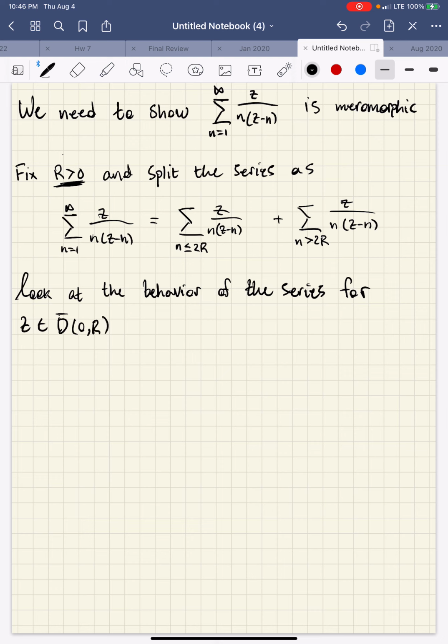So I'm fixing this arbitrary radius value and examining our desired series for z inside the disk at that radius. What I'm hoping to find is that this series is meromorphic on this disk, because if that's the case, I can send r to infinity and the argument will hold. Then I'm going to have a meromorphic function on the entire complex plane as desired.